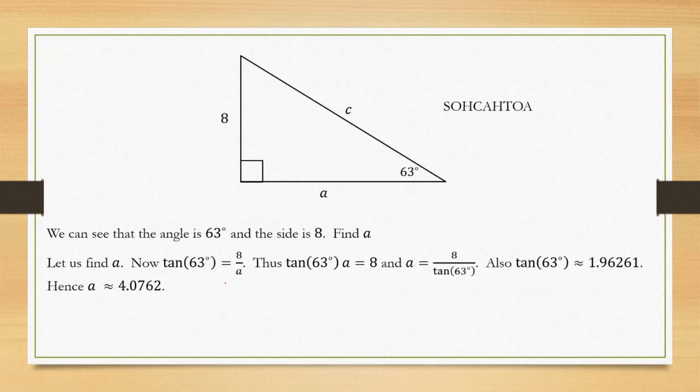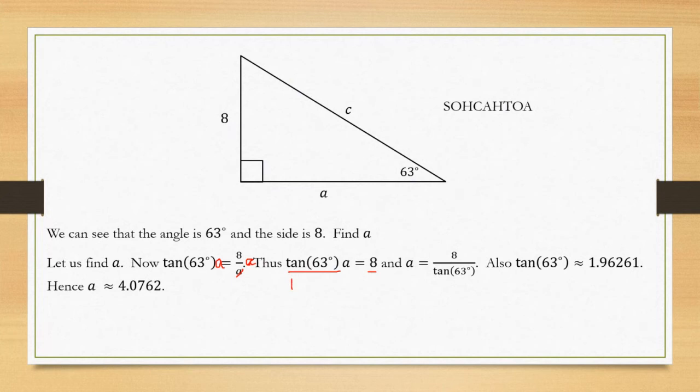And then from here, we want to solve for A, right? So we're going to multiply both sides by A. And why does that help? Well, these A's are going to cancel, and we get tangent of 63 degrees times A is 8. That's what we get here. But we want A, so we have to get the tangent out of there, so we divide.